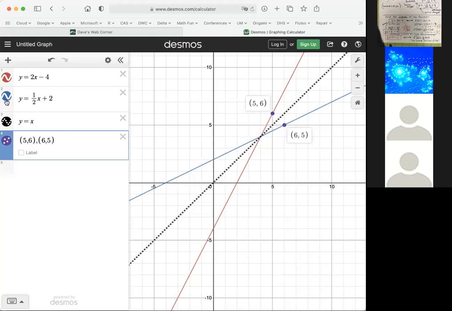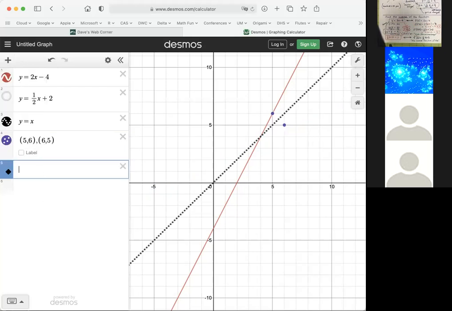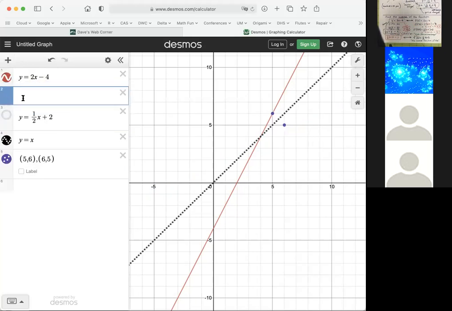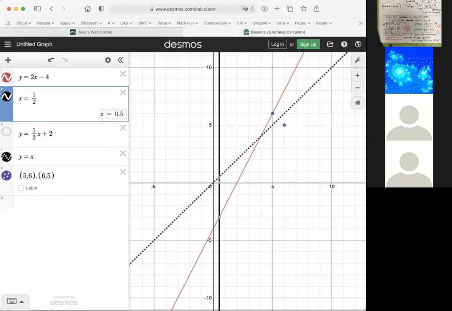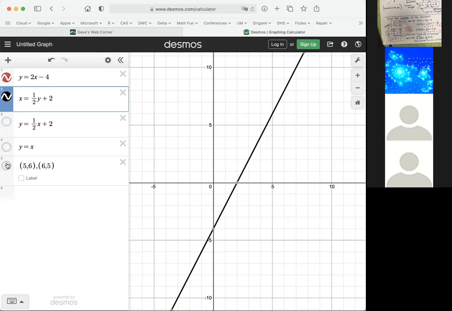Let me turn off the inverse function. What would have happened if I had just typed x equals 1/2 y plus 2? Turn off the mirror. Turn off those points. Do you see the red function and the black function are the same?